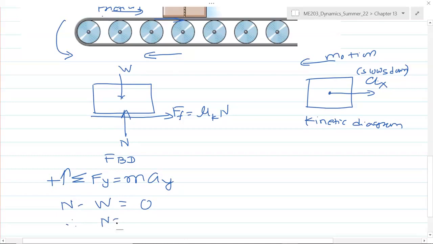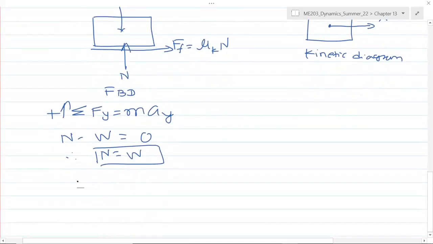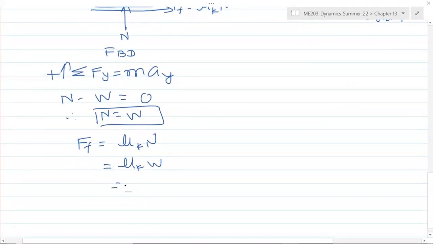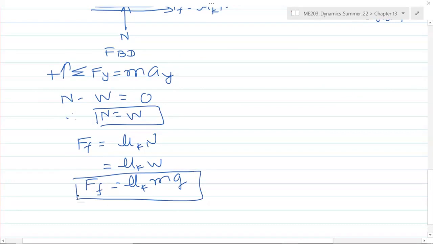That means the normal force is equal to the weight of the block. Next, friction Ff is mu times normal force, which is mu times weight, which is mu times mg, because w is equal to mg. So that's the equation for the friction force.